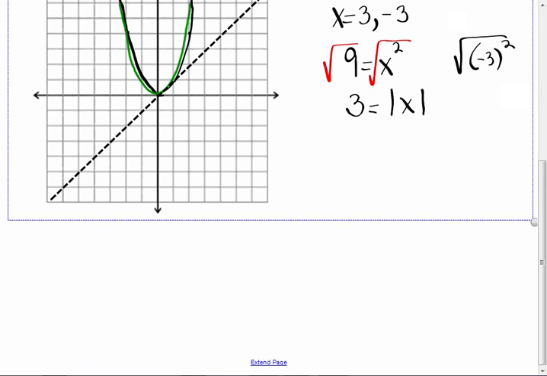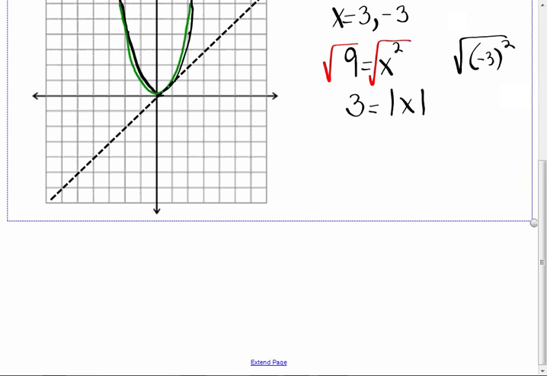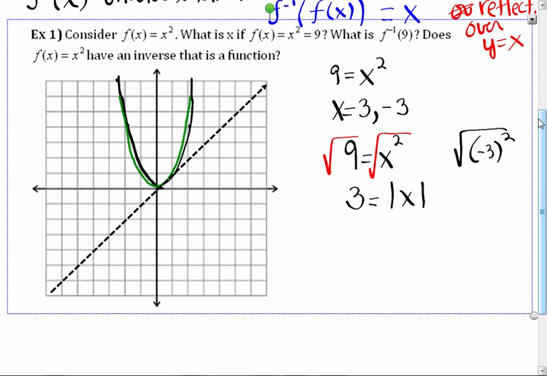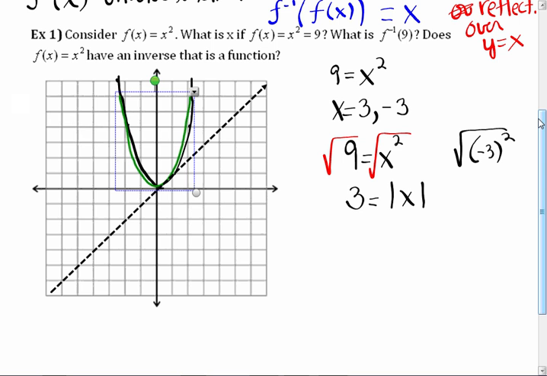Maybe if I locked this down, I'd be in better luck. I just want the green thing. There we go. And I'm going to rotate it. Okay, there's my reflection over y equals x.